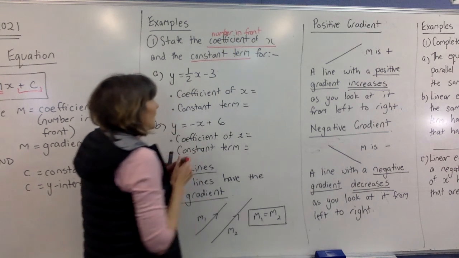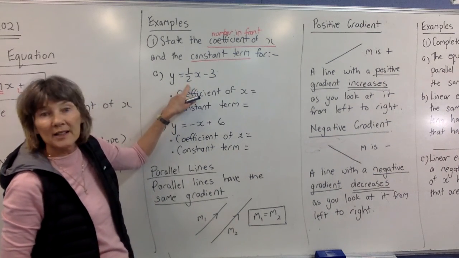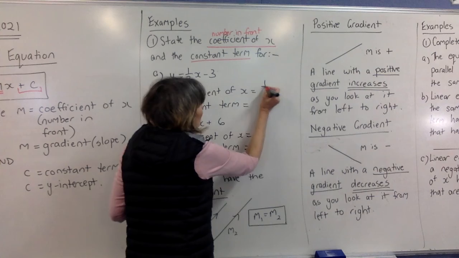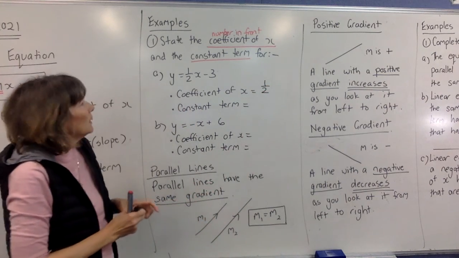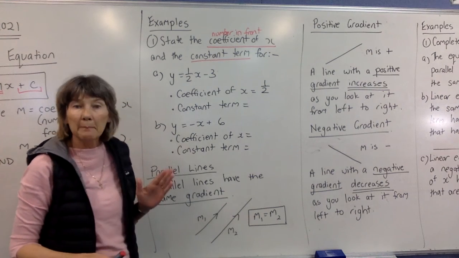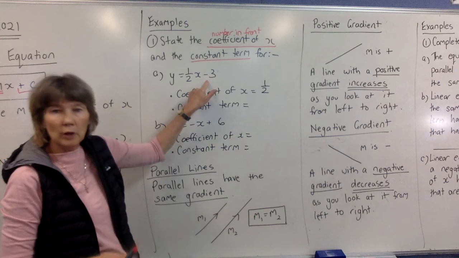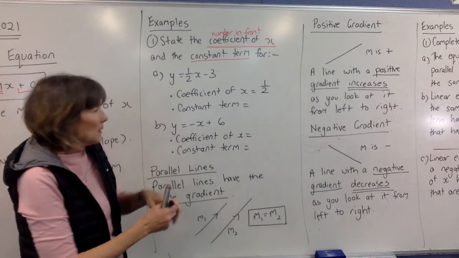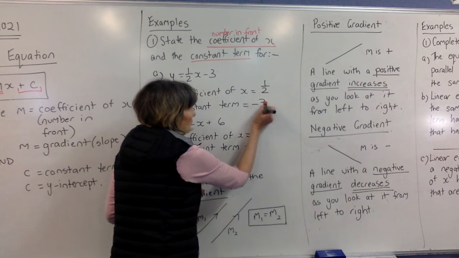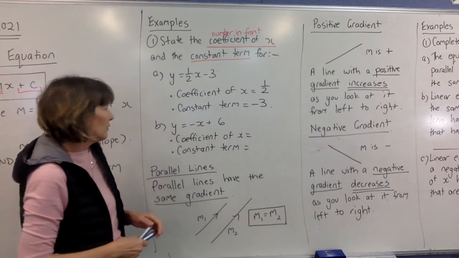So we've got to find the x first, there it is, and then look at the number in front. The number in front is a half. So the coefficient of x is a half. Now, for the constant term in this equation, we're looking for a number that appears by itself, and that's this one here. Now, it's not just 3, it's minus 3. The sign is really important. Okay, it's going to make a big difference to our answers, so make sure the negative is there.